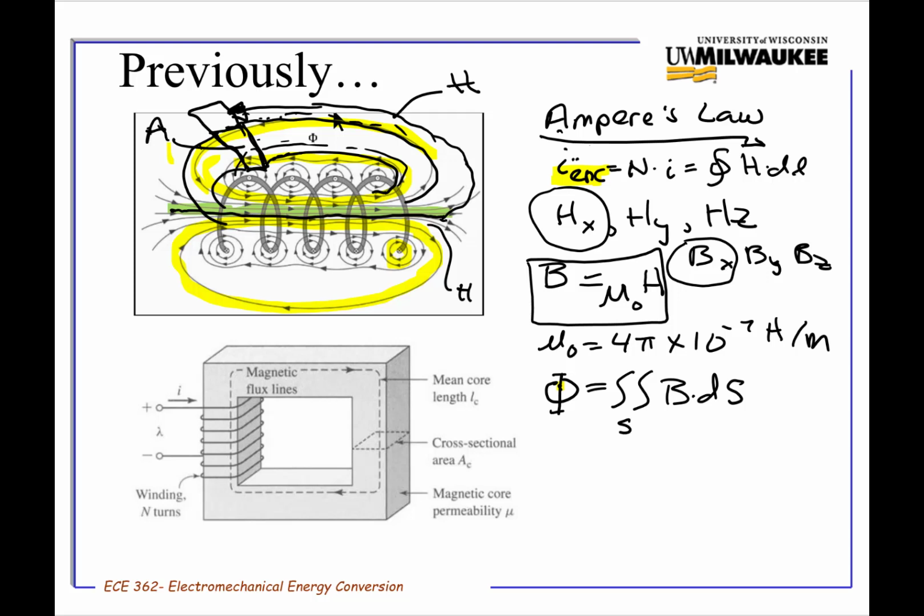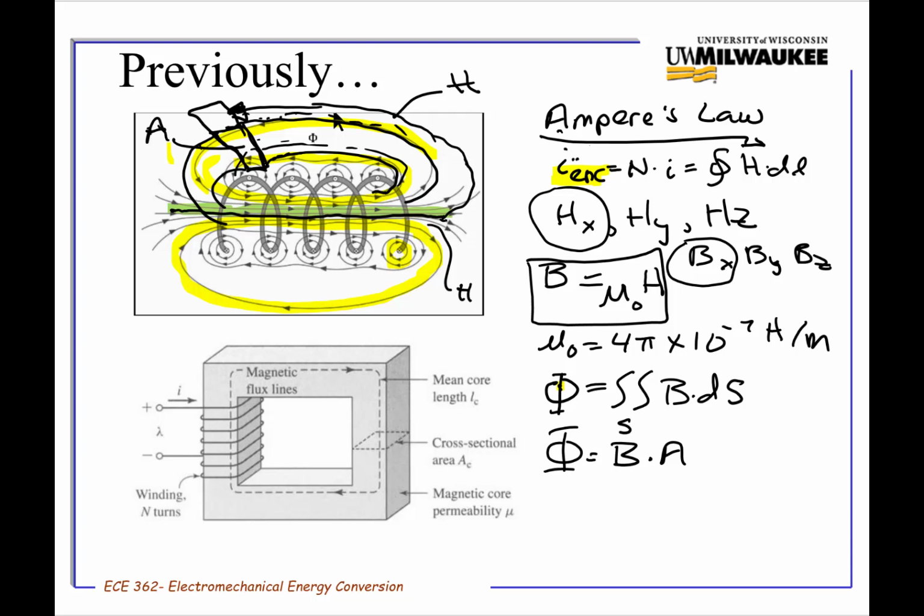And so really the flux is the B times the area, and so B is a density.